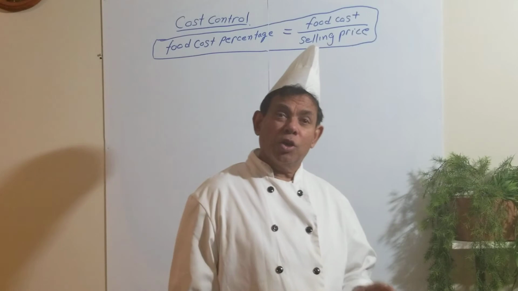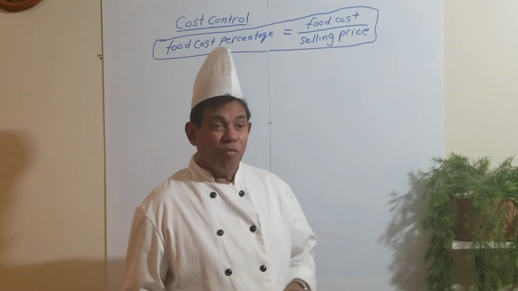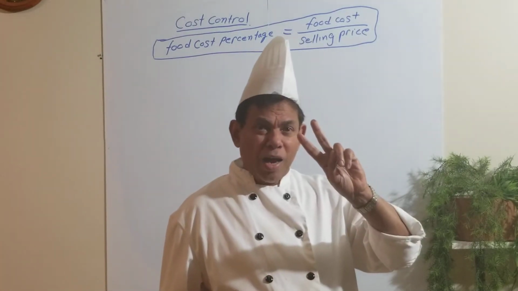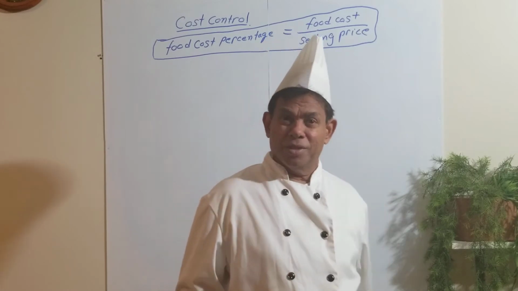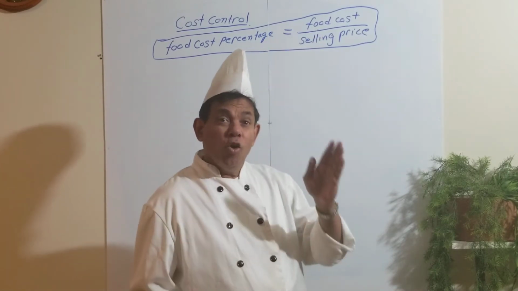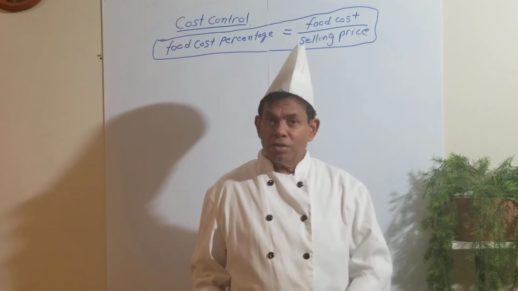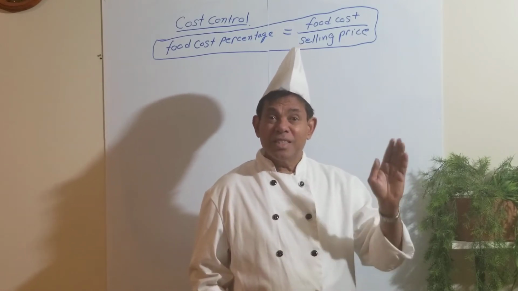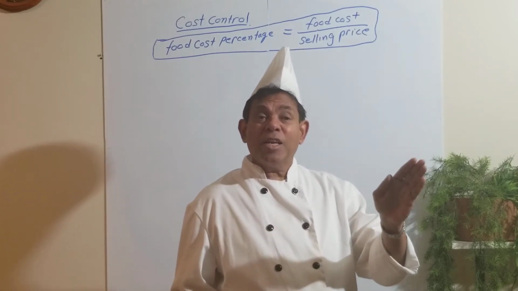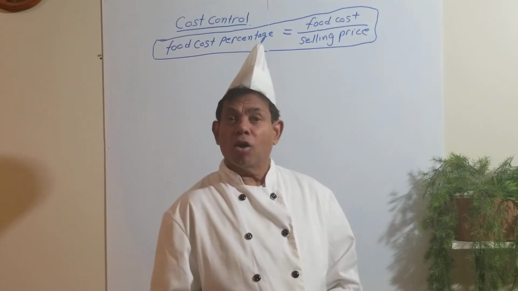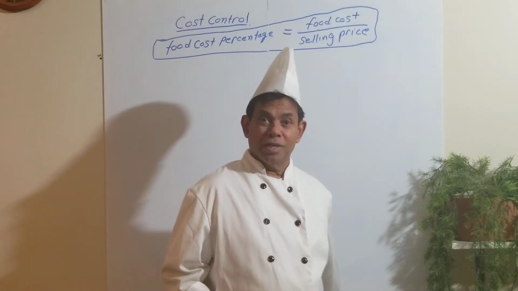When we talk about cost in the kitchen, we talk under two topics. The first one is the period cost. The second one is the plate cost. Plate cost and period cost.